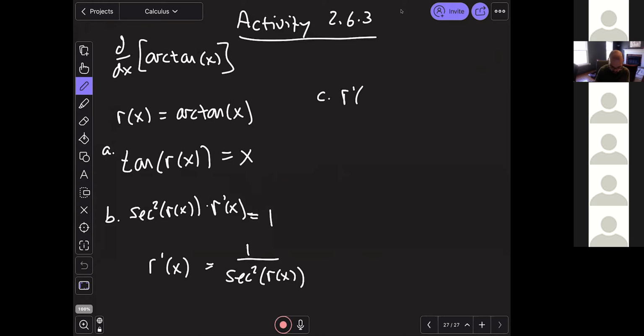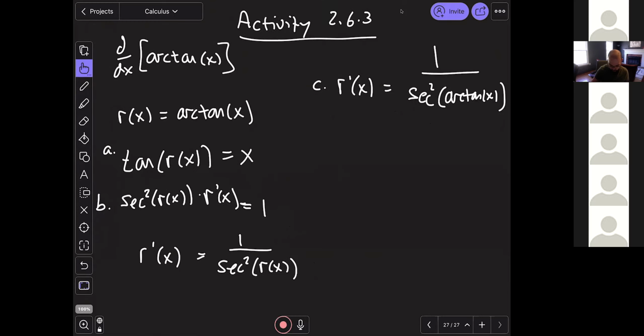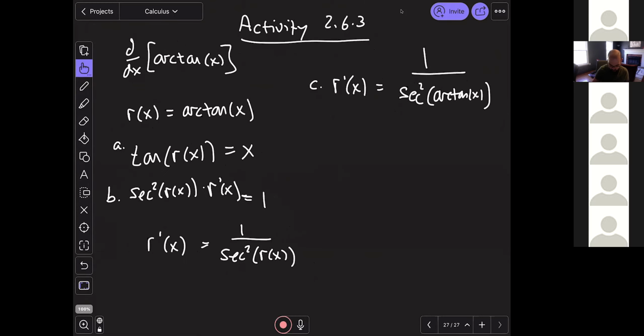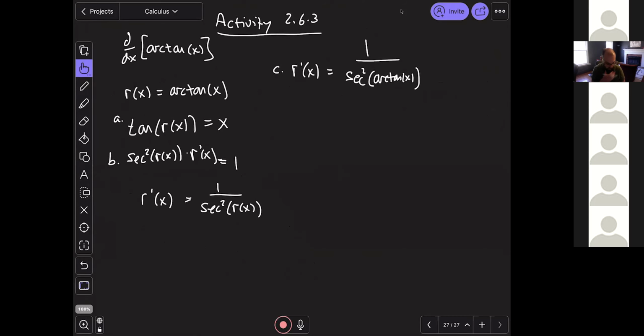So we get our derivative, r prime of x, is 1 over secant squared of arctan of x. Okay, let's see if I can do this again. Just giving ourselves a little bit more space here. So part C, r prime of x is 1 over secant squared of arctangent.